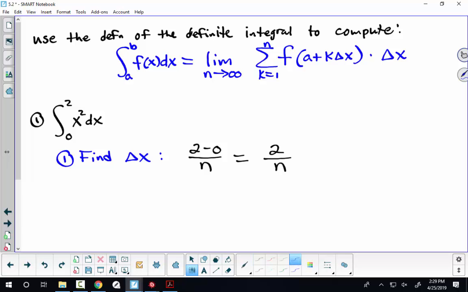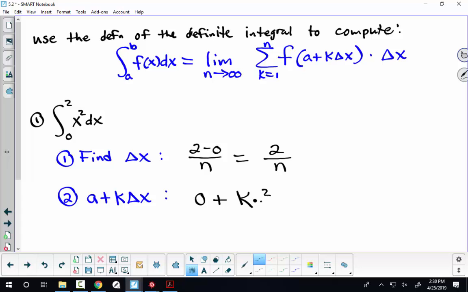And then before we can evaluate the function at a plus k delta x, you need to find what a plus k delta x is, and then plug that into the function. So our a is the lower limit here, 0. k is still k. Remember, this function is going to be of k times delta x.